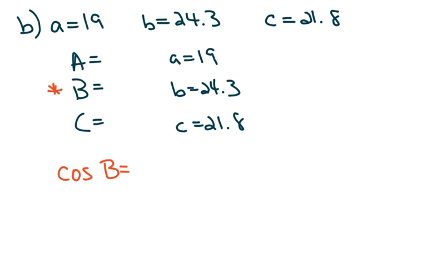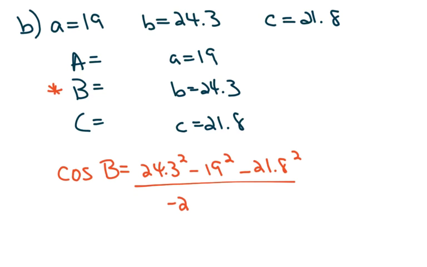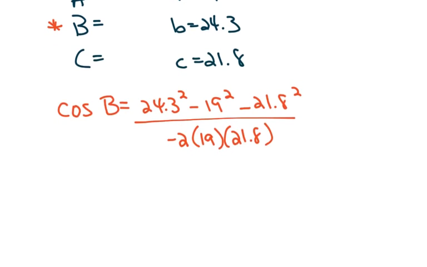the cosine of B is b squared minus a squared minus c squared all over negative 2 times a times c. Now, in order to plug this in my calculator so it doesn't mess up, I'm going to type it in like this. So, parentheses, put in 24.3 squared, oops, not plus, minus 19 squared minus 21.8 squared, and then close the parentheses on the numerator.